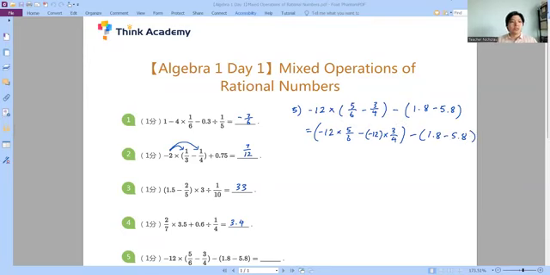Okay, let's try to simplify. You can see here negative 12 and 6. I can divide both by 6 to get 1 here and negative 2 here. Negative 2. Okay, so I want to write down here that I have negative 10 because it's negative 2 times 5. Okay, what's next?